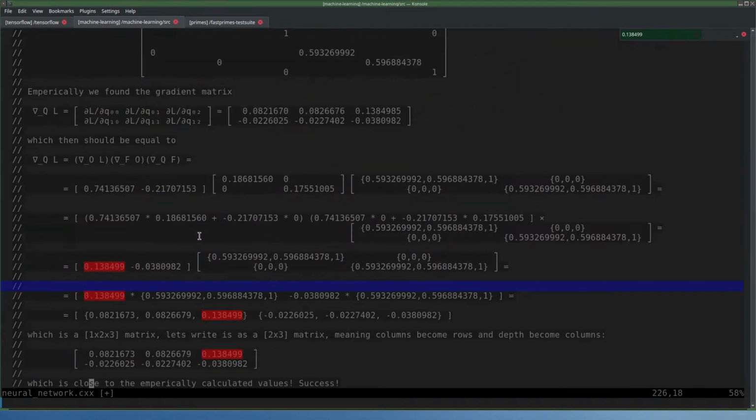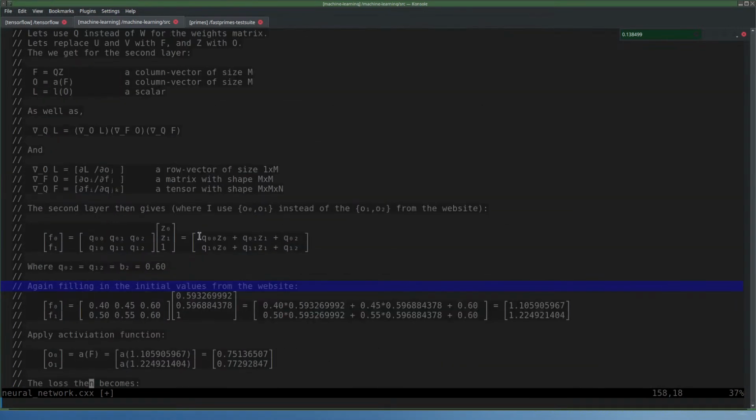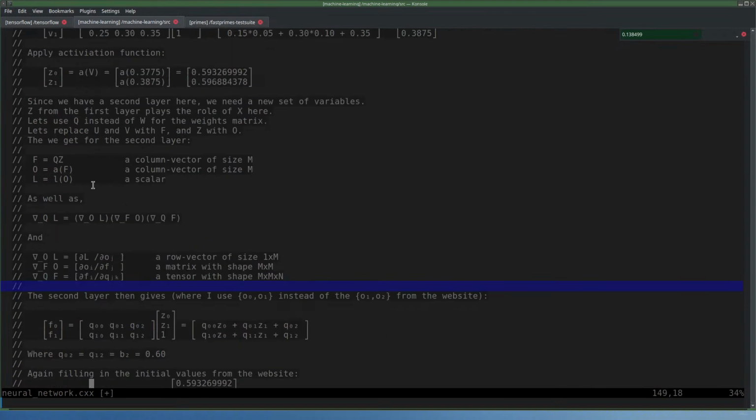Which is Z. Which Z? I guess the Z with the index that belongs. Oh, this is a matrix.